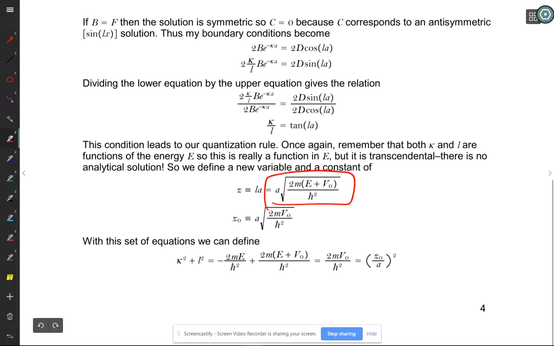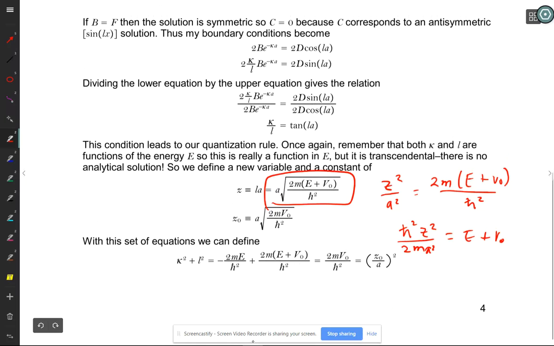And so if I find what the Z values are, then I can just solve this and say, well, Z squared over a squared is equal to 2m (E plus V0) over h bar squared. Now I multiply both sides by h bar squared, dividing by m, so h bar squared z squared over 2ma squared is equal to E plus V0.